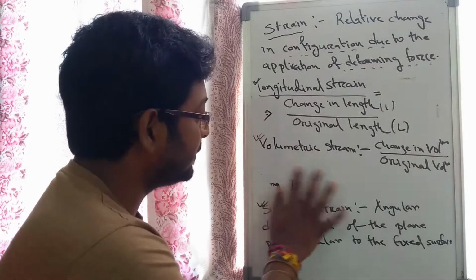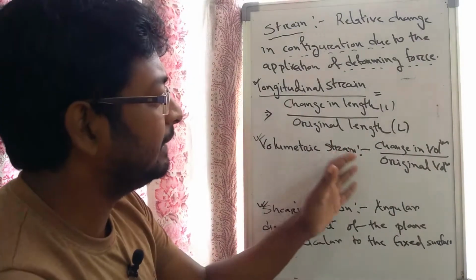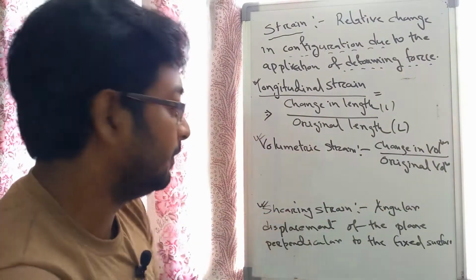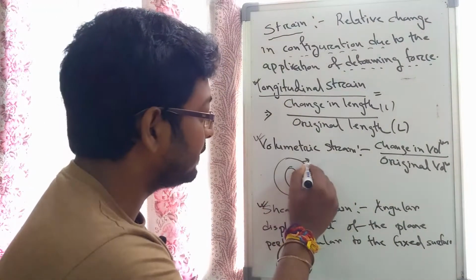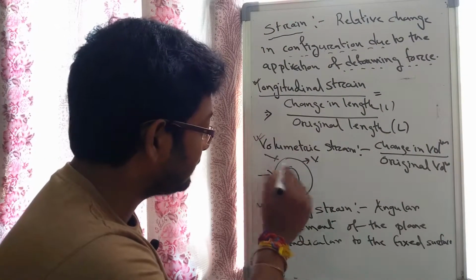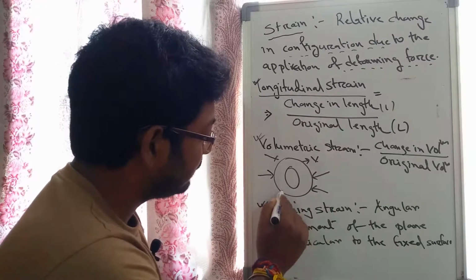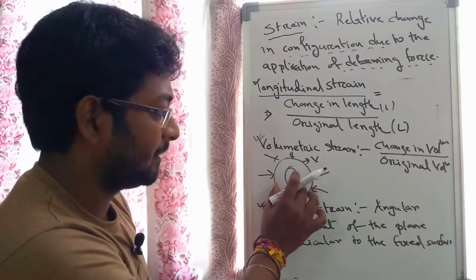Now, what is volumetric strain? This is the same as our longitudinal strain, but in this case, we change the volume. Suppose this is a ball with its original volume. If I apply some force in this direction, its volume may get reduced. It is just like a balloon.